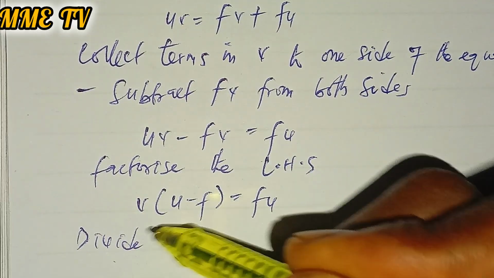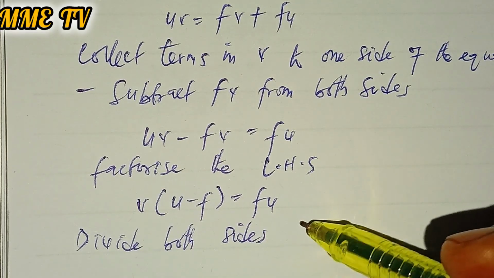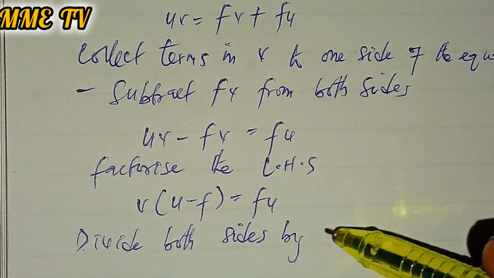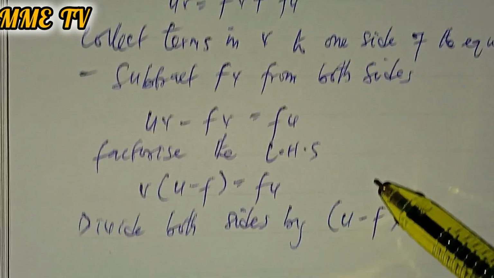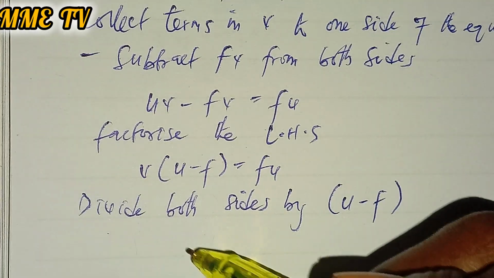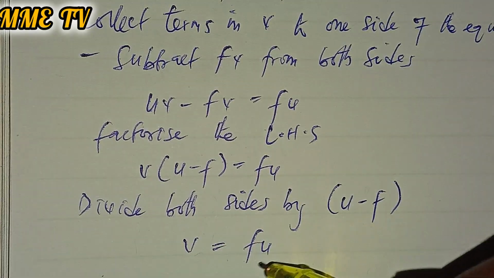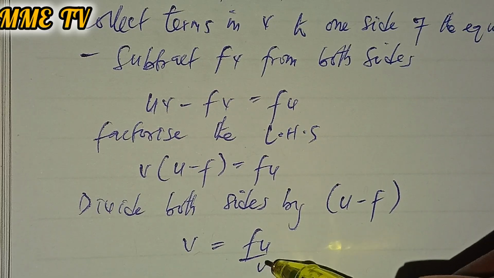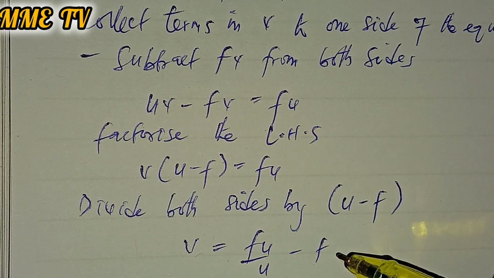Then we divide both sides by U minus F, which is going to give us that V is equal to FU over U minus F.